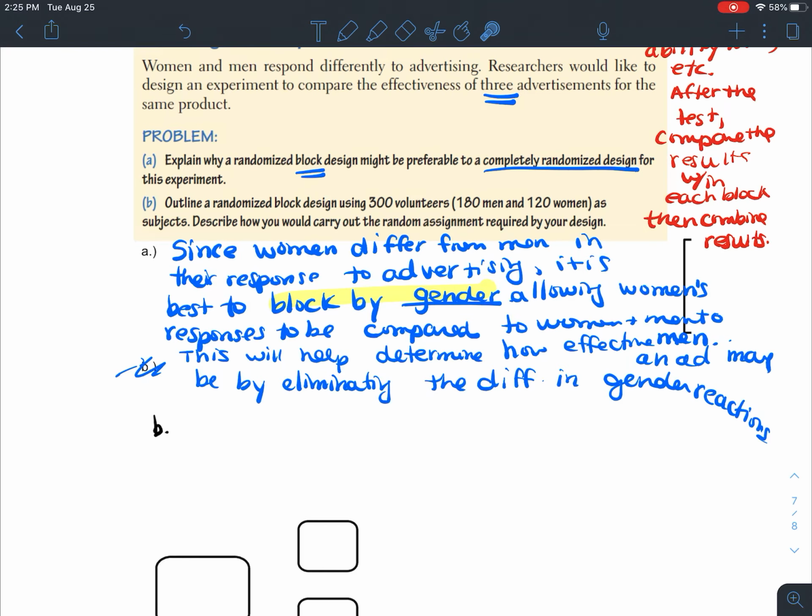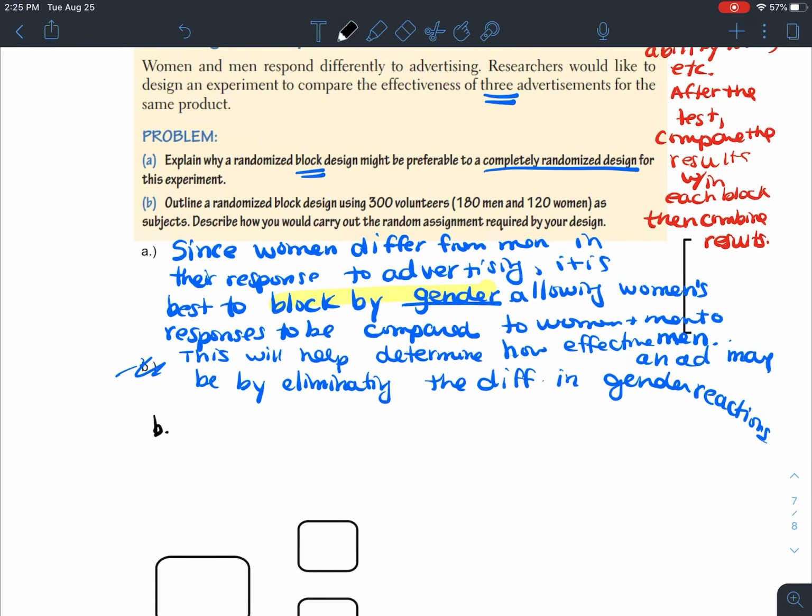Okay, now part B says, outline a randomized block design using 300 volunteers, 180 men and 120 women as subjects. Describe how you would carry out the random assignment required by your design. Okay, this is where sometimes students are just not detailed enough.